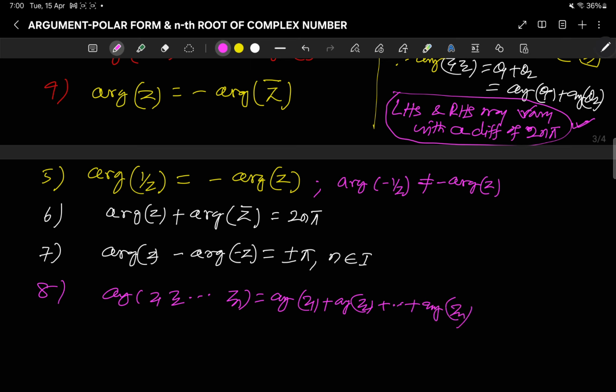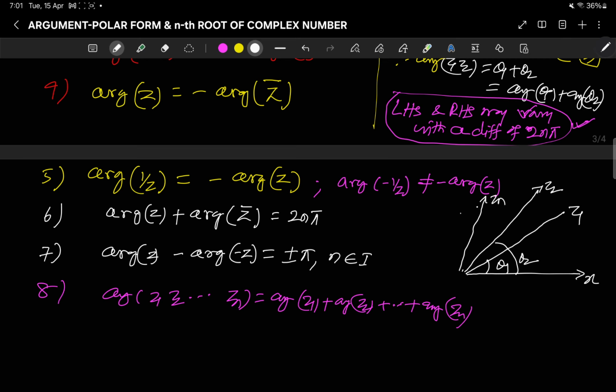If we want to see this geometrically, suppose this is my real axis and this is my z1, then this argument will be theta 1. Suppose this is my z2, then this argument will be theta 2. And suppose it is my zn, then this argument will be theta n.